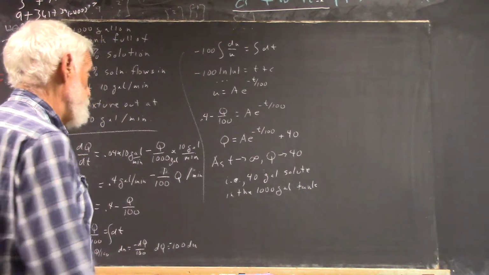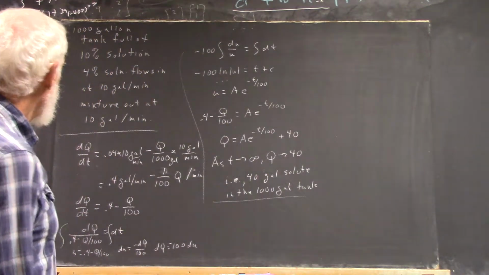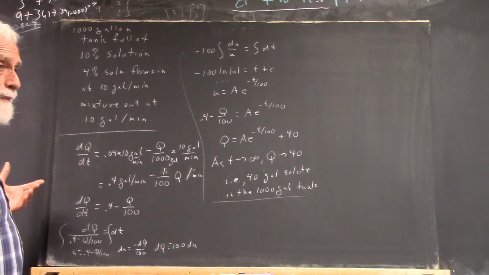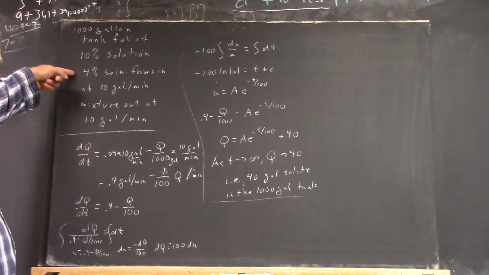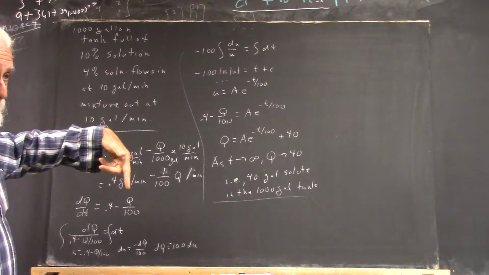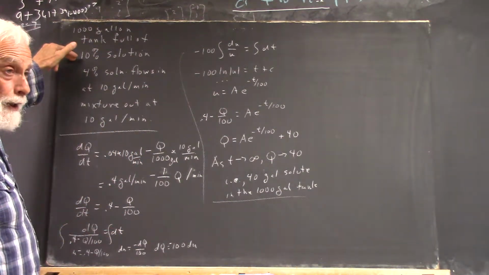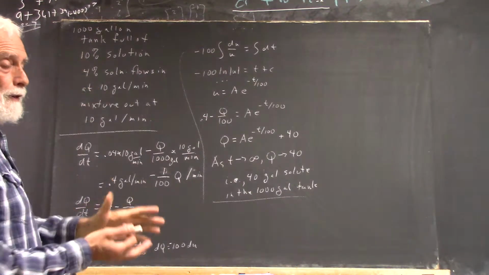Okay, well, common sense. You're going to end up with a 4%, so you're going to approach a 4% solution, because that's what's coming in, and the mixture's going out. So the mixture starts out at 10%, but it's clearly going to approach 4%.